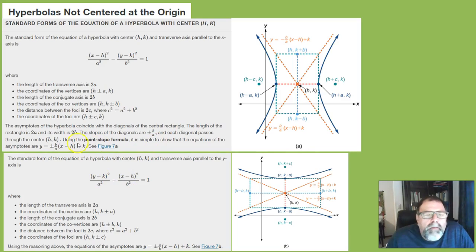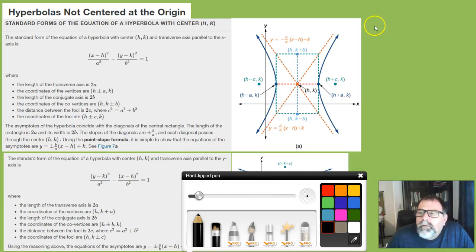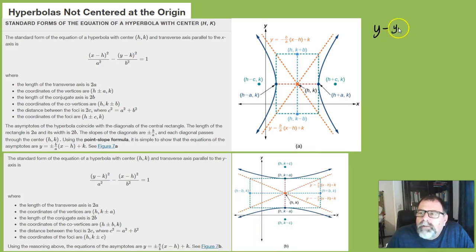Now, one of the big differences, if you have the asymptotes, right? If the center now is not 0, 0, it's HK, and you can use the point slope formula, which is y minus y1 equals m(x minus x1). When you put in the HK, that's a point that's on both of the asymptotes.